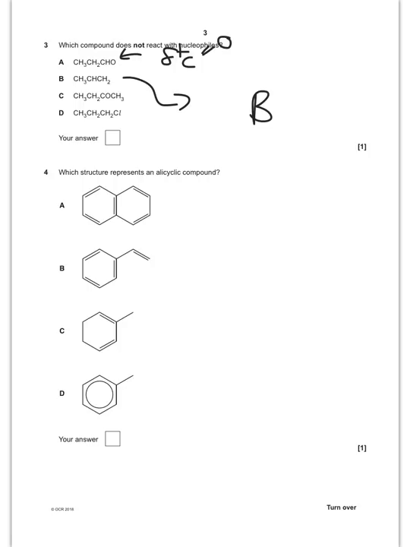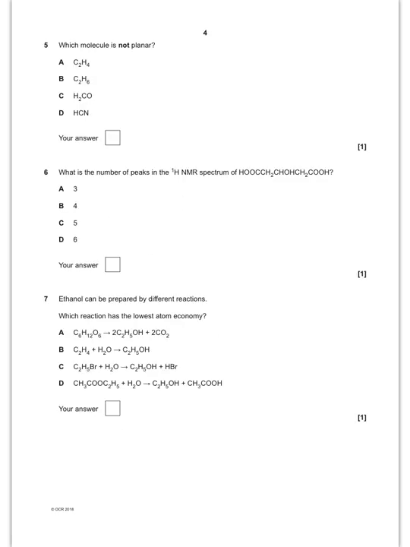Which structure represents an alicyclic compound? So you're looking for a molecule here which has a ring in it but does not have any aromatic character at all. So obviously A and B are both aromatic, and D is aromatic, so your answer is C. For question 5, we're looking for a molecule which is not planar.